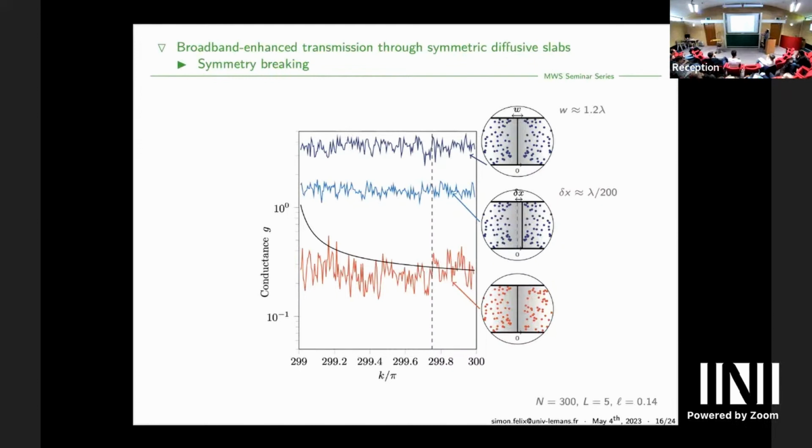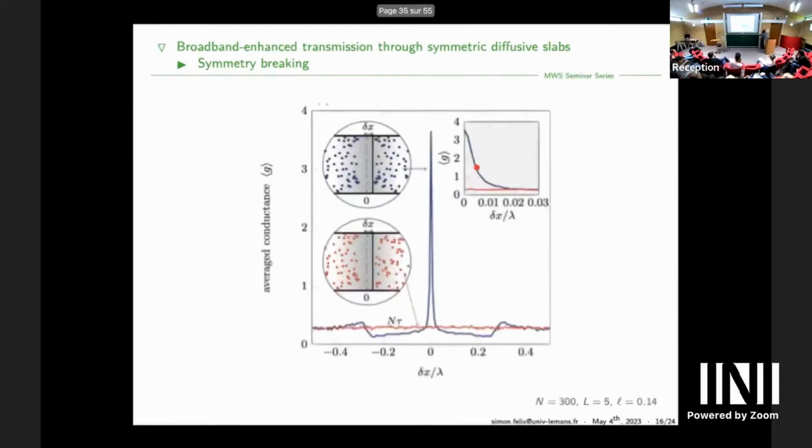And inside this small gap, we do an even smaller motion of the barrier. And so what we see here is this very strong sensitivity. So the optimal situation, perfect sensitivity, is here. When I move one lambda over 200 as I showed, I divide by something like 2.